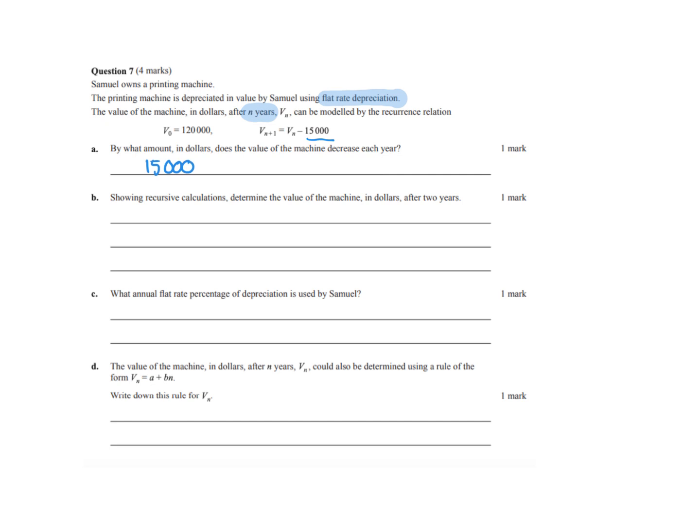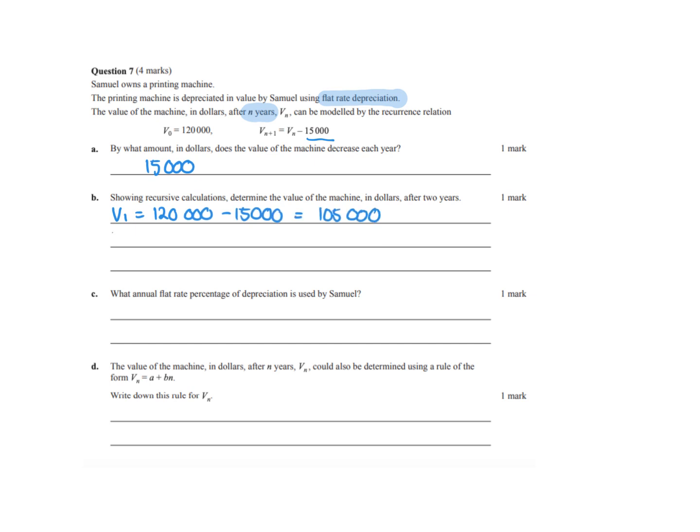Showing recursive calculations, determine the value of the machine after 2 years. We went over this. It's only 1 mark, but you must show all of this. You have to show the value of the machine after 2 years. You've got V0, so you have to show that V1 would have been 120,000 minus 15,000, which equals 105,000.